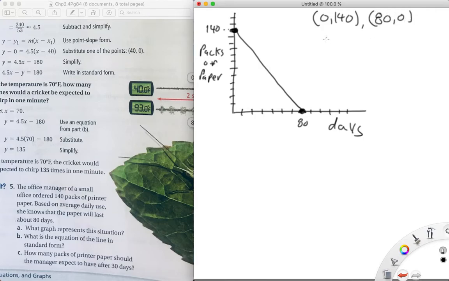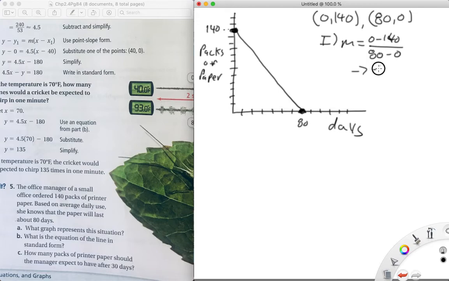All right, after we graph this, they want us to put the equation in standard form. Our first step is to get the slope. So slope is going to be rise over run. So 0 minus 140 over 80 minus 0.